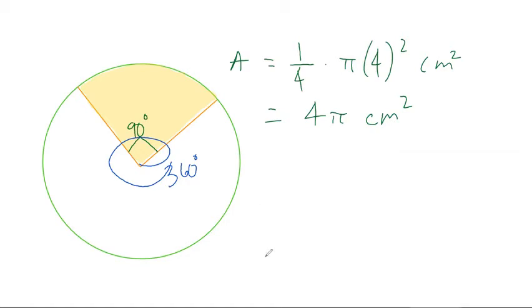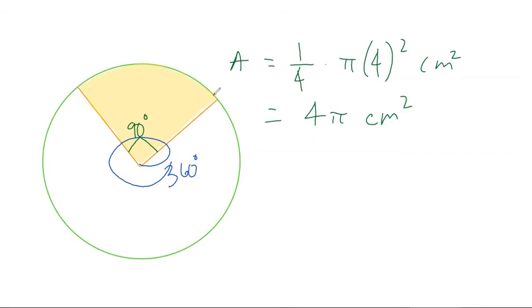The total length around the sector would start from the center, go around following the radius, and then follow this arc right here, and then come back to the center, almost like a triangle, just curved on one side.